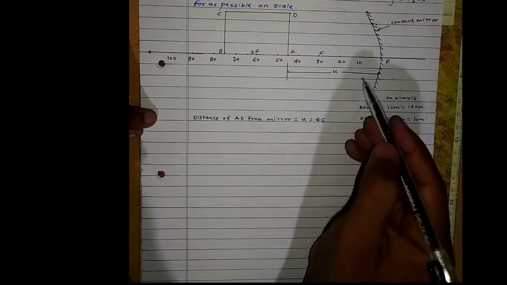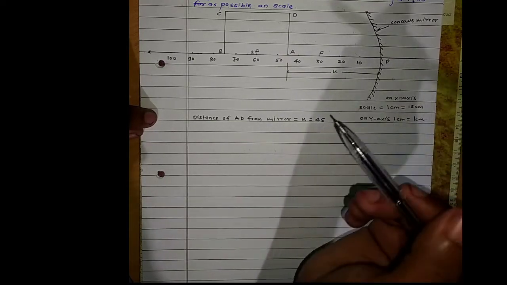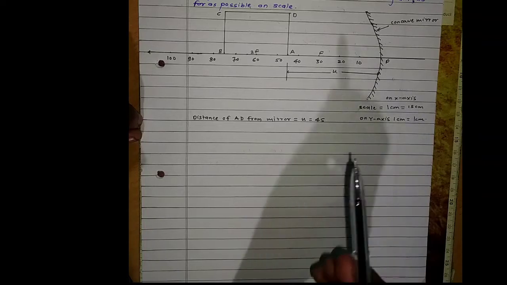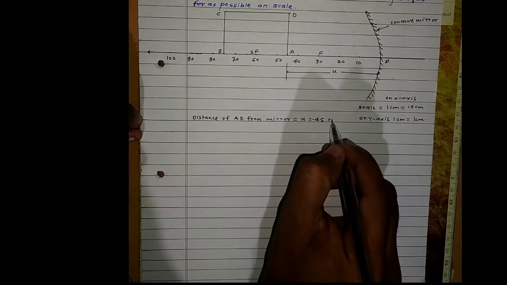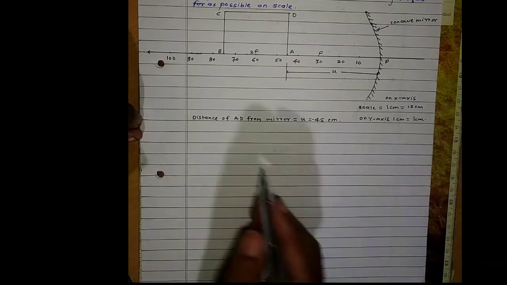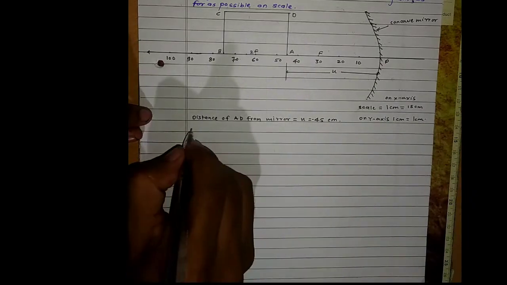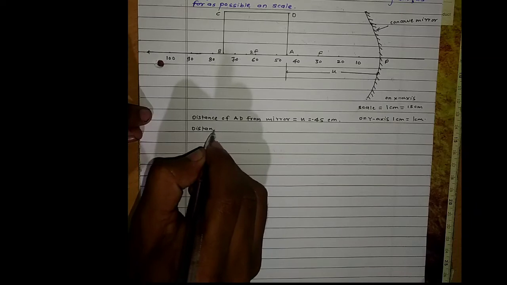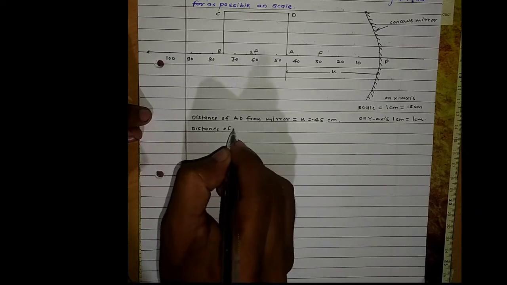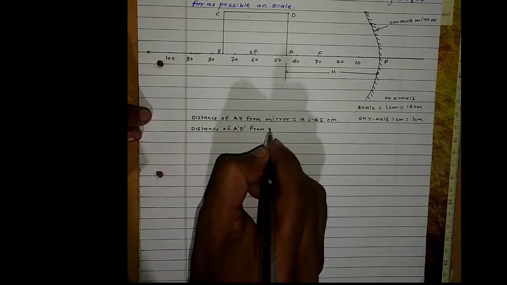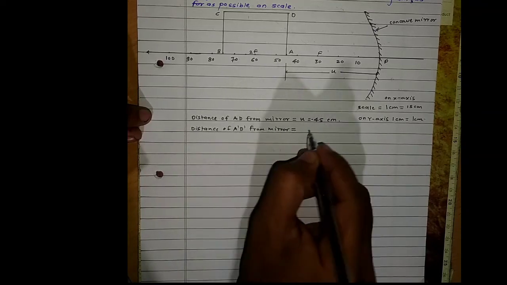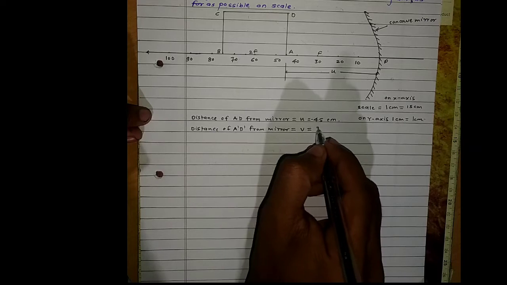But we know that for a concave mirror, by sign convention, any object which is placed in front of a mirror is always negative. So it will be negative 45 centimeter. Now what is the distance of the image? We need to calculate the distance of A dash D dash, the image, from the mirror.